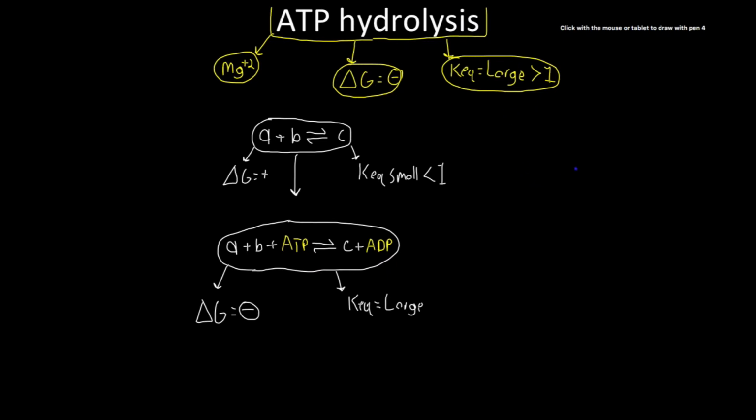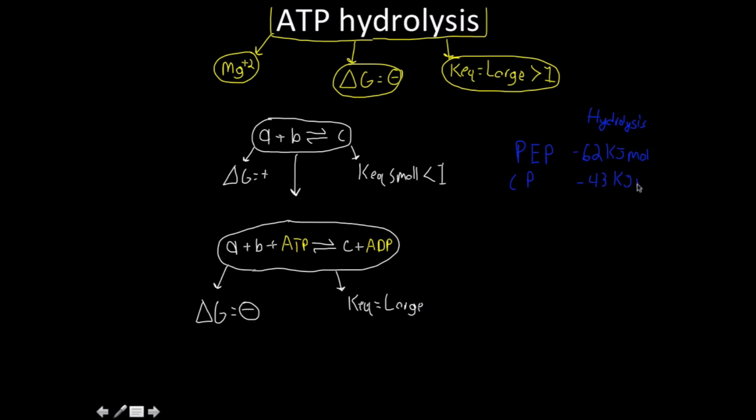Phosphoenol pyruvate, which I'm going to abbreviate as PEP, gives off upon hydrolysis about negative 62 kilojoules per mole. Creatine phosphate, abbreviated CP, gives off about negative 43 kilojoules per mole.